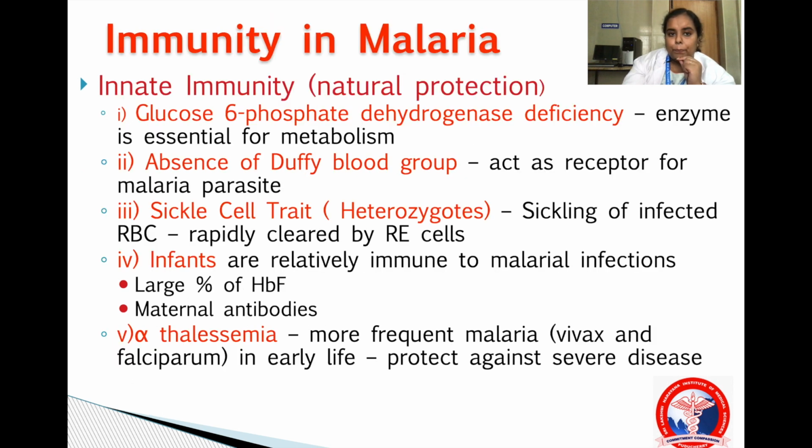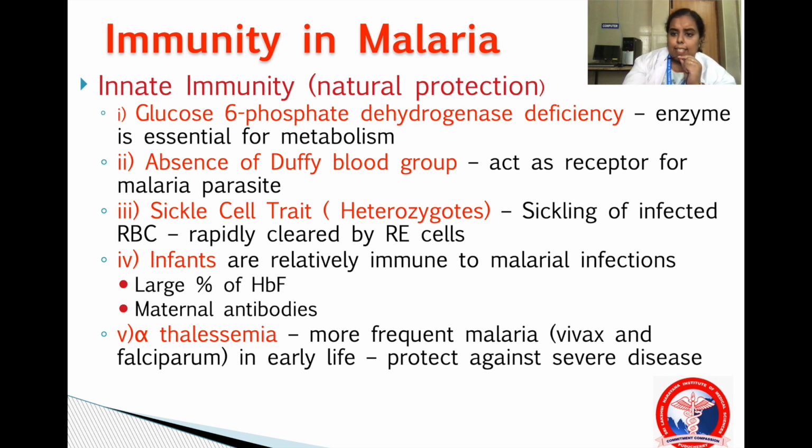reticuloendothelial system. So, immunity. What provides natural immunity or protection to malaria? One is glucose 6 phosphate dehydrogenase deficiency. This enzyme is essential for metabolism, so if there is a deficiency of G6PD, this can give natural protection. Absence of Duffy blood group, since Duffy blood group acts as a receptor for the malarial parasite.